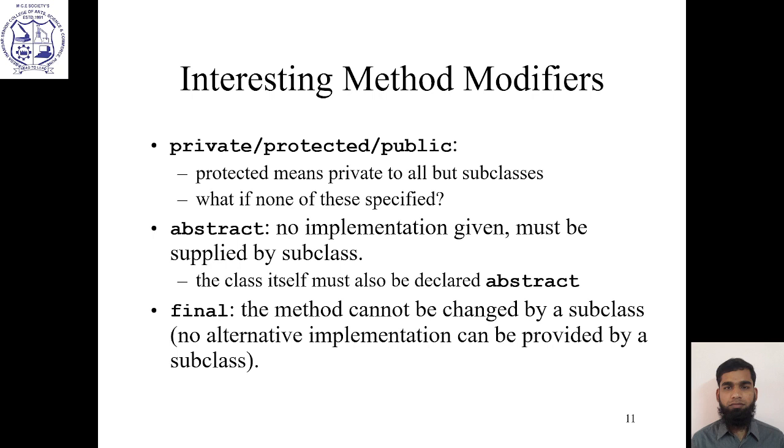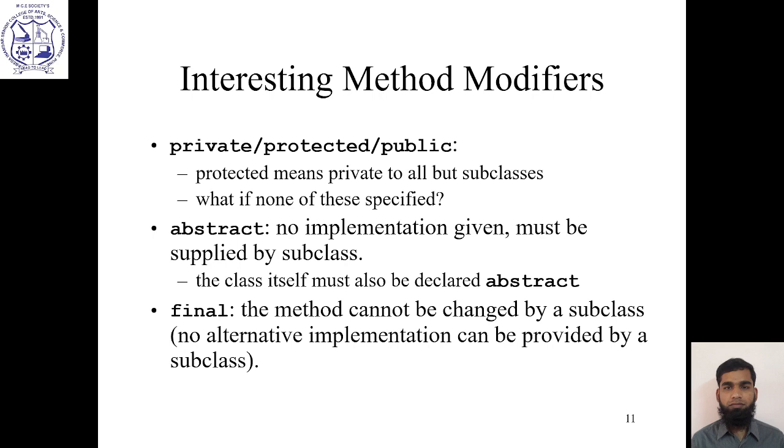A public method can be accessed by any class, and a protected method can be accessed by any of the subclasses. Abstract means no implementation is given; it must be supplied by the subclass. It means that we only declare the method; we need not write its definition.